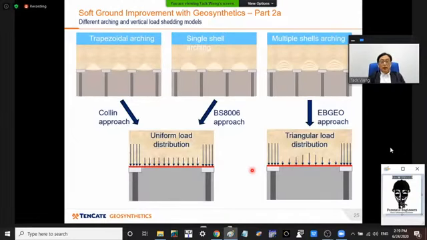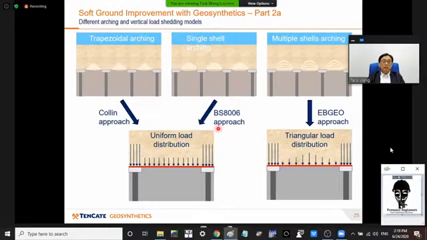Right now, I'll talk about different arching models that are available for different approaches, as well as load distributions for the load shedding. There is Collins' approach, which uses the trapezoidal arching, and then the unarched portion is uniformly distributed onto the reinforcement.